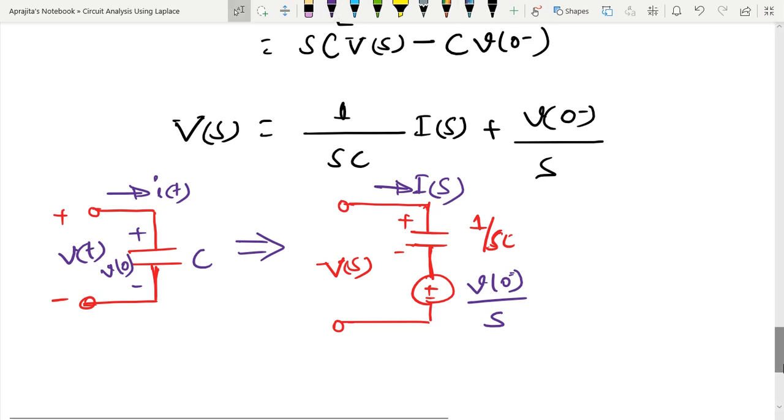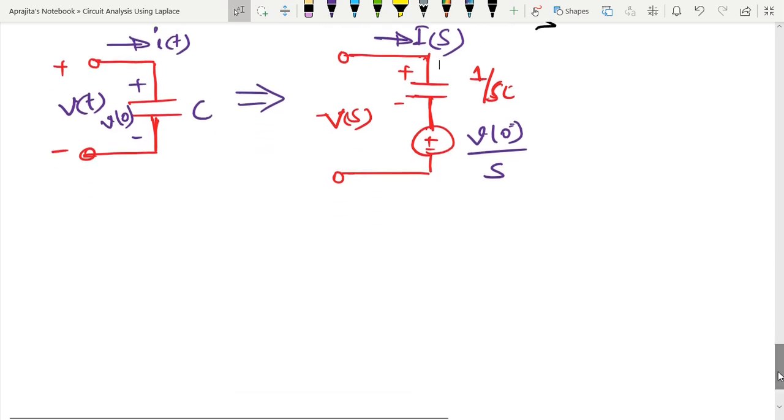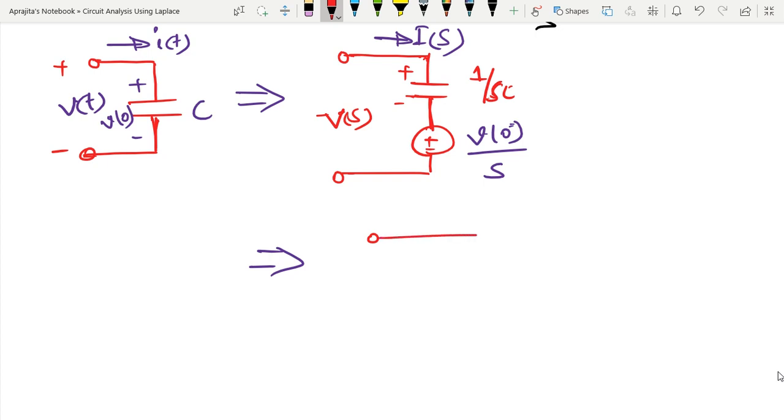Similarly I can also write the second one. So the second one is like this. So I have again a voltage source, and the current is going to divide into two parts. So I have a similar kind of interpretation to the previous one, so I am not going to talk about the same thing again.